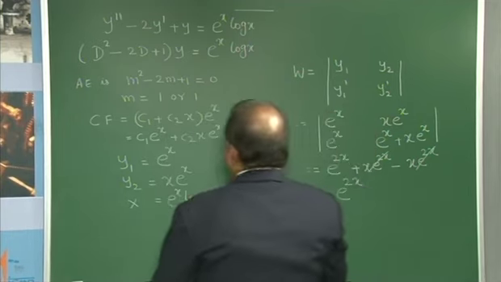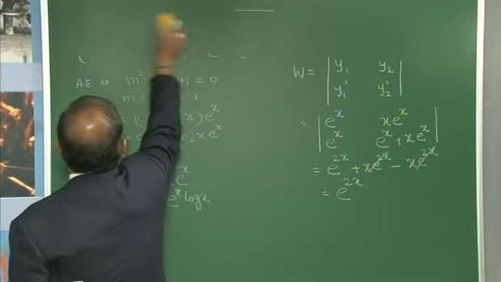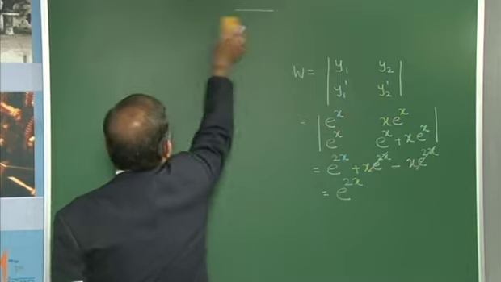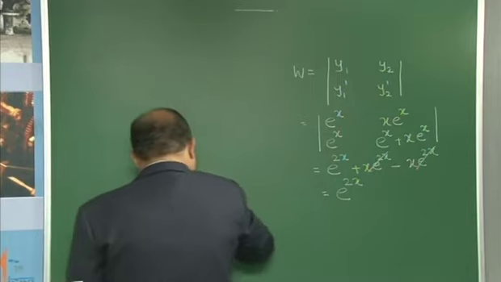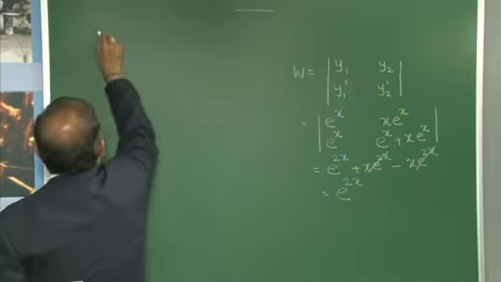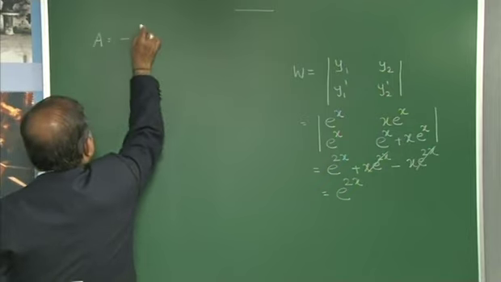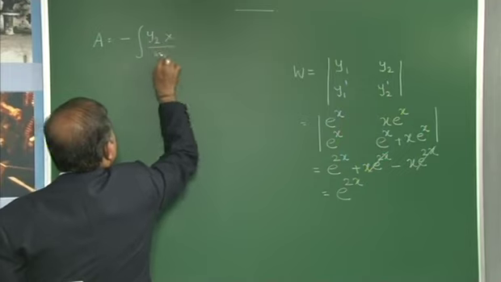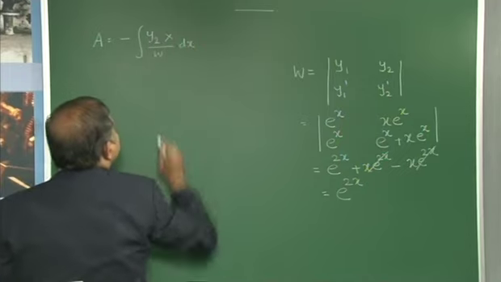Now calculate the other quantities, one is A, another is B. Capital A is minus integral y2 X by W dx.